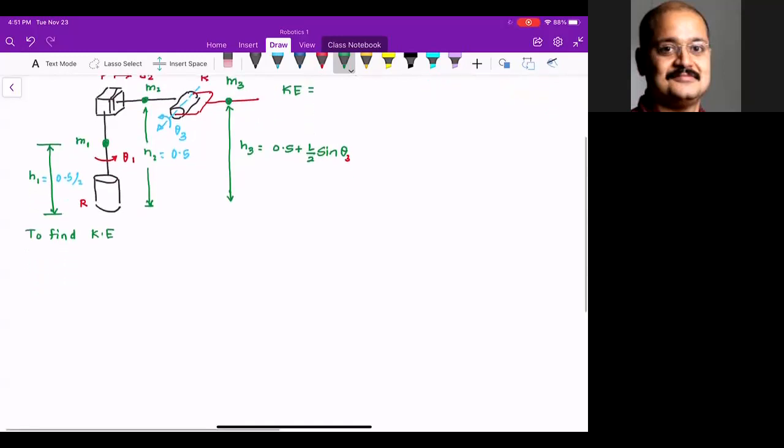To find kinetic energy of mass m1 or link 1, what we need is to look at 0h1. And I'm going to ask you for something and you'll just tell me that, okay? 0h1 is going to have 0r1.